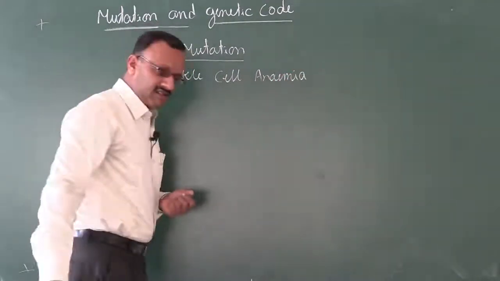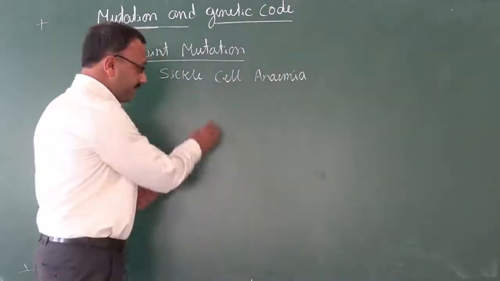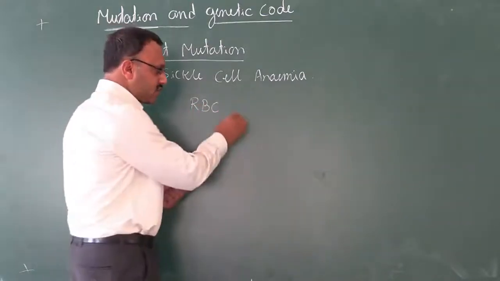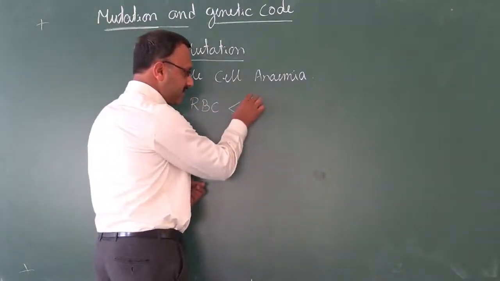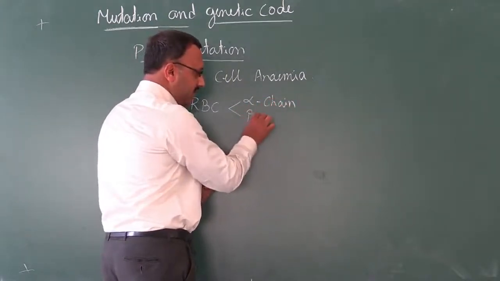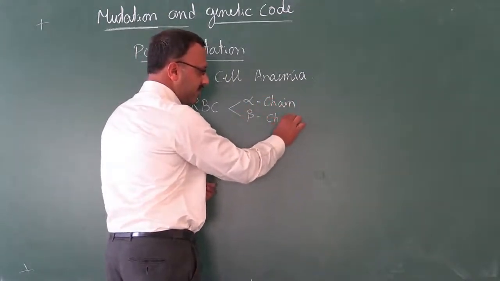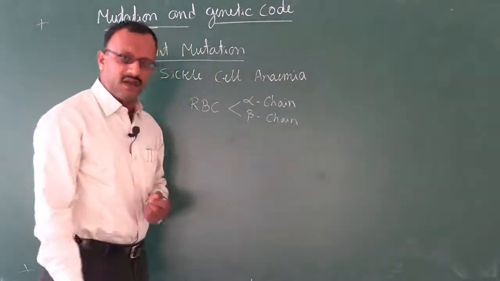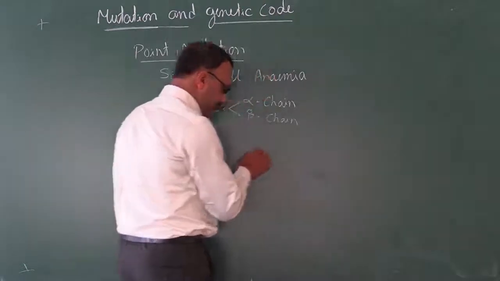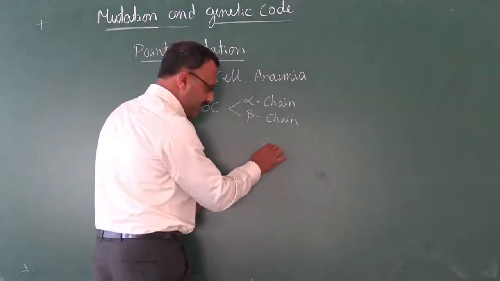In human beings, the RBC, the red blood cell, has two chains of amino acids, alpha chain and beta chain.